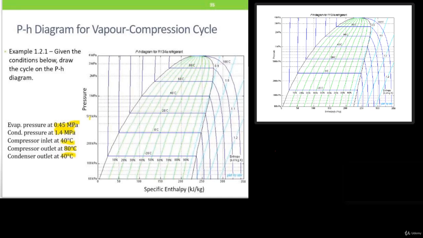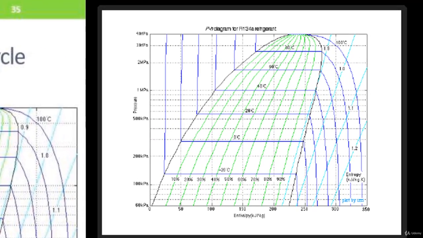First, you will always try to draw the 2 horizontal lines first. That means the condensing pressure line and the evaporating pressure line. These 2 pieces of information are very crucial. First, we know that the evaporating pressure is at 0.45 MPa. So you go to the y-axis of your diagram and look for 0.45 MPa.